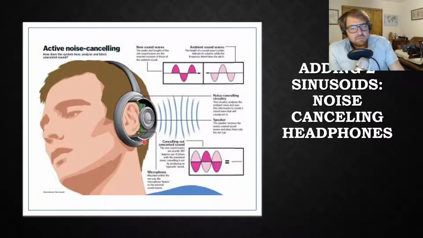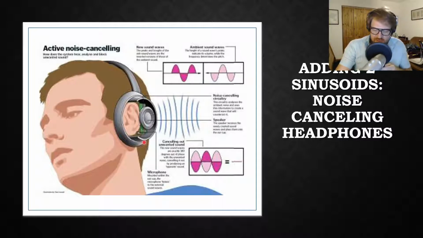There's always a little bit of lag because it takes a little bit of time to get the signal, flip it, and then send it back out. So noise canceling headphones aren't perfect. And also, I can set this back down now.